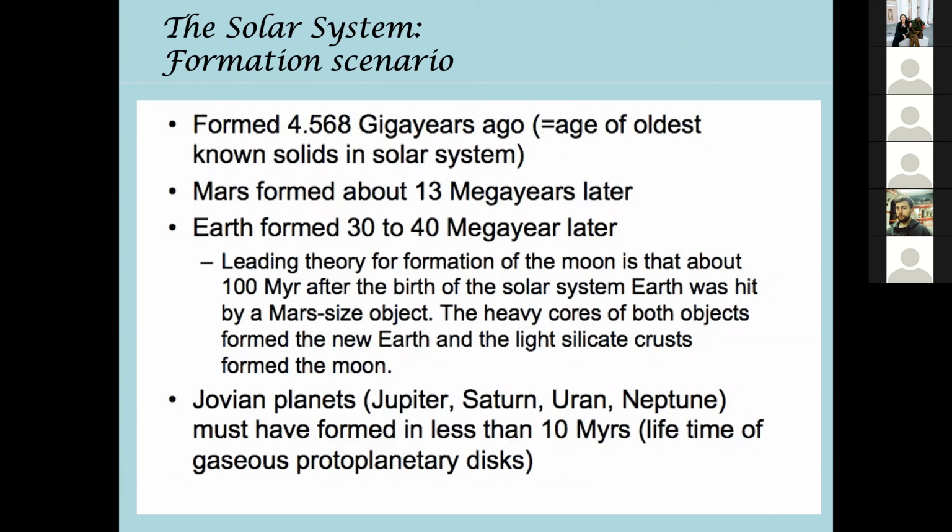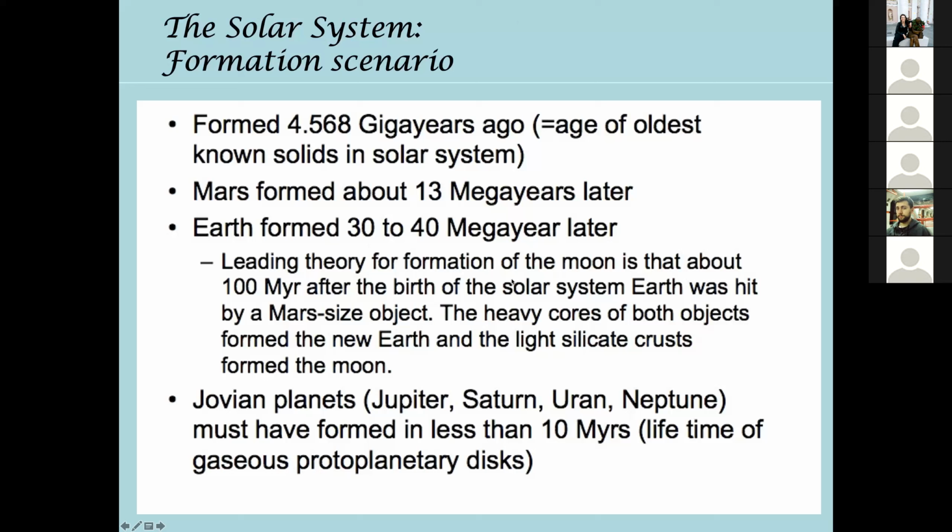We also know, from rock-related studies and simulations, that Mars most likely formed about 13 million years after the formation of the sun, and then Earth took about another 30 million years to form.